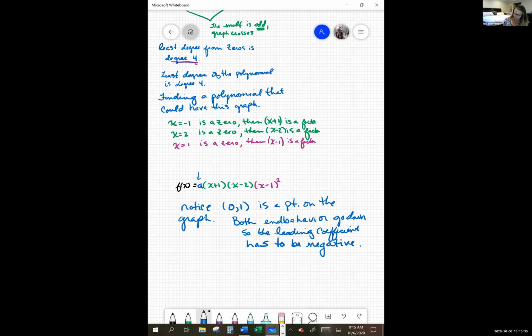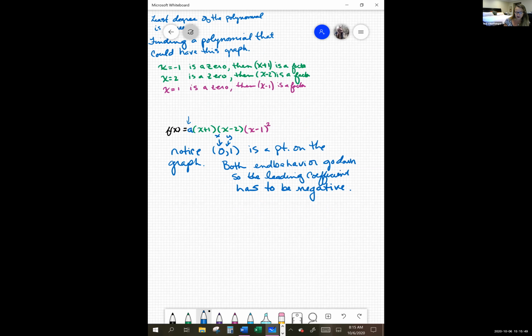So basically we have a point, right? We know when x equals 0, our y value, or f of x, is 1. And so we can plug in those values in here and figure out what a has to be.